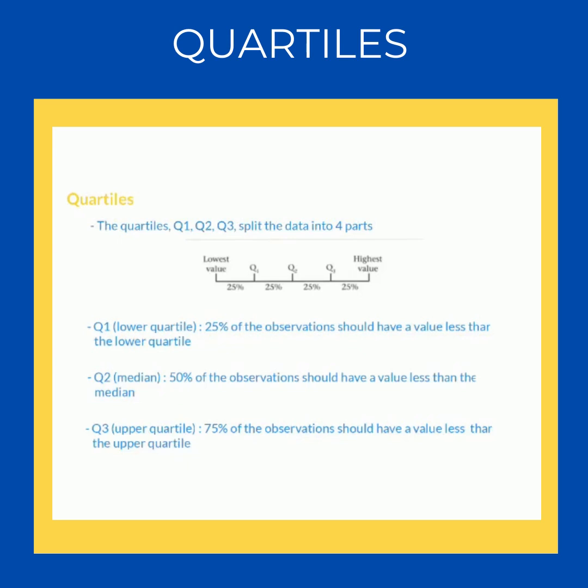The quartiles, which are known as Q1, Q2, and Q3, usually split the data into 4 parts.